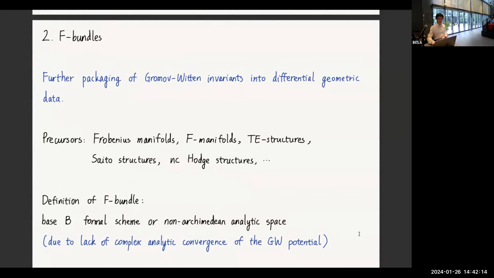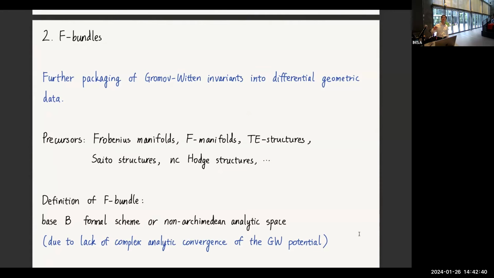Okay. The reason we consider the base to be a formal scheme or non-Archimedean analytic space is because we don't really know about complex analytic convergence for the Gromov-Witten potential in the general case. And here, the blow-up formula is supposed to work for any smooth projective variety.